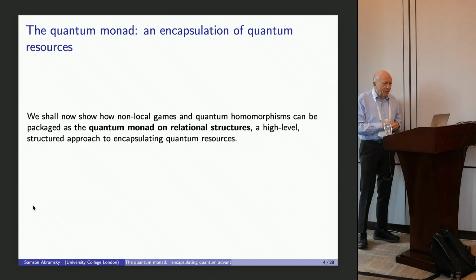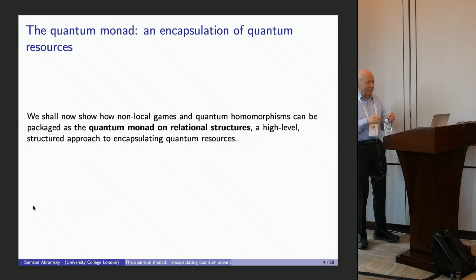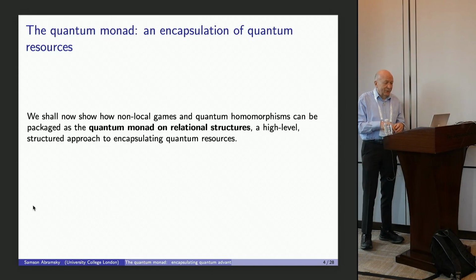Now, what we want to do now is to show how some of the fundamental ideas that enter in discussions of quantum advantage, at the foundational level, can be packaged as a quantum monad in quite a general setting of relational structures.